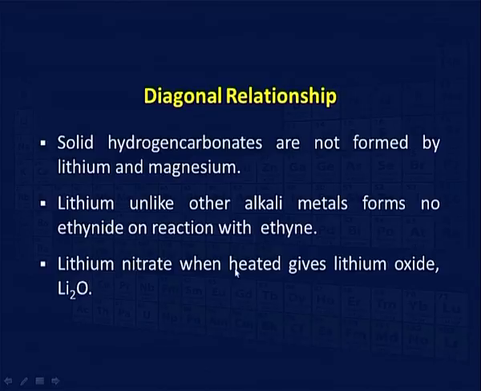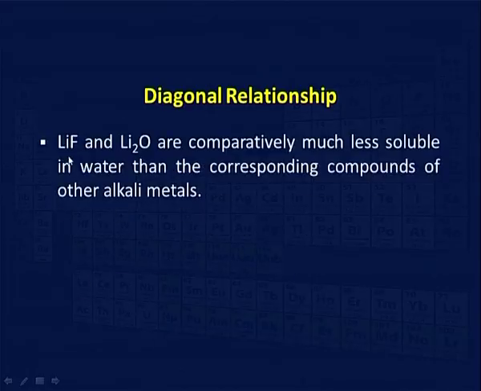Now, lithium nitrate when heated gives lithium oxide, whereas if you heat sodium nitrate we get sodium nitrite, which we do not get in the case of lithium. LiF and Li2O are comparatively much less soluble in water than the corresponding alkali metal compounds.